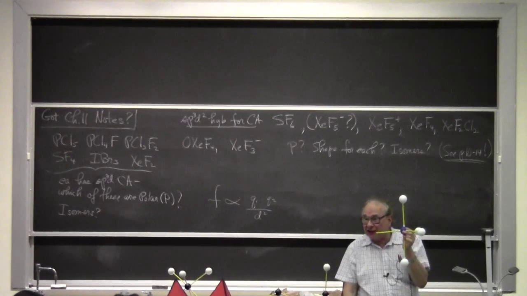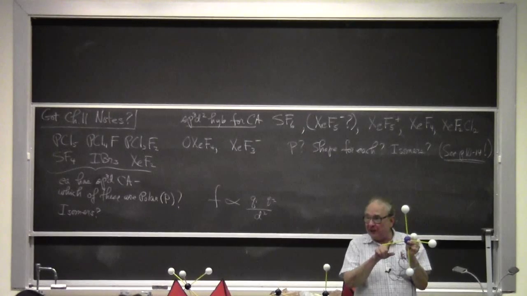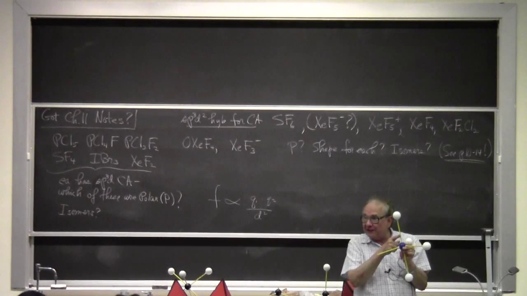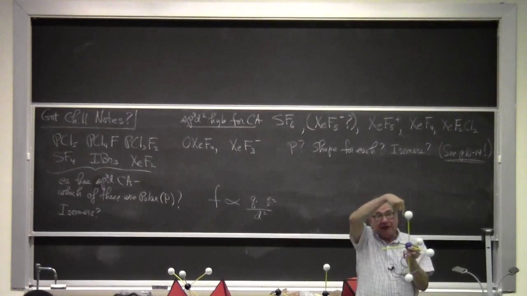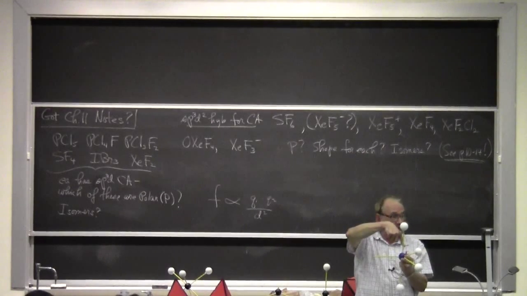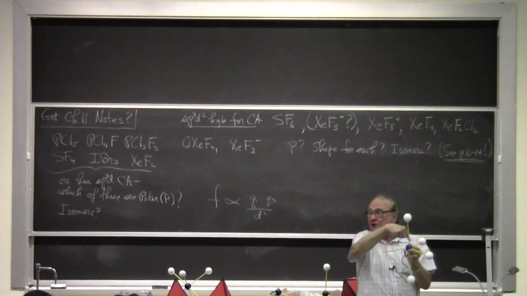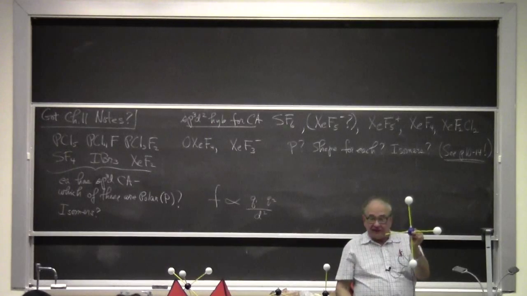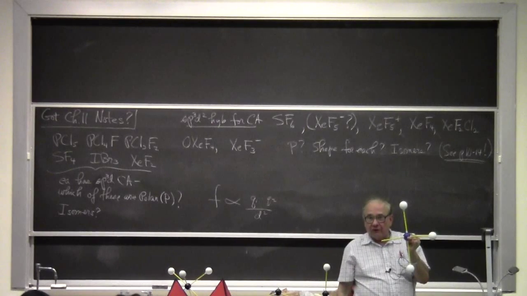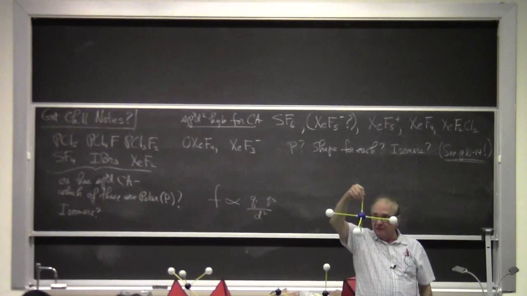Because the interactions that count the most are those which have the non-bonding pair closest to a bonding pair, and that's 90 degrees. So with this, I got 2 90-degree interactions with the non-bonding pair, as we showed a moment ago with the model. Actually, Orion, I got 3 90-degree interactions, and that's not as coulombically favorable as this. So this tells me, for SF4, I have a molecule which looks like this. What does this look like?